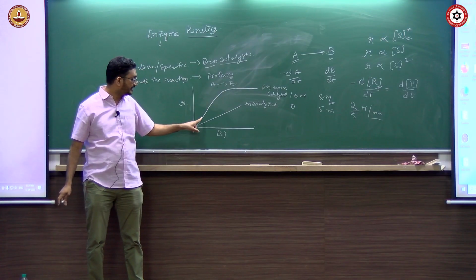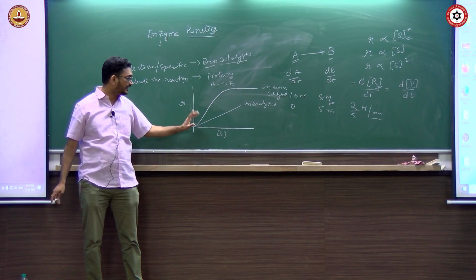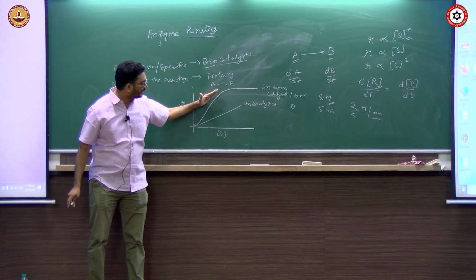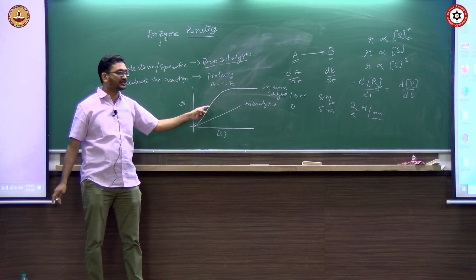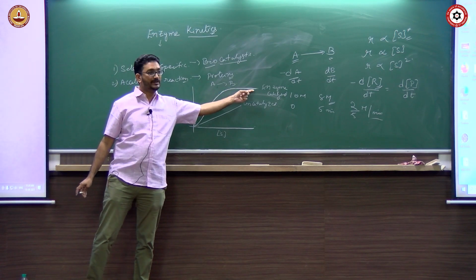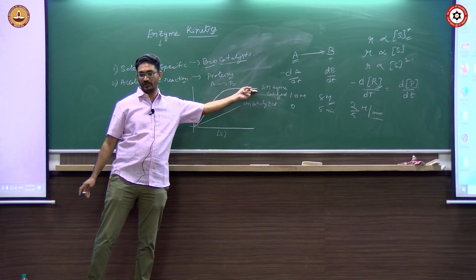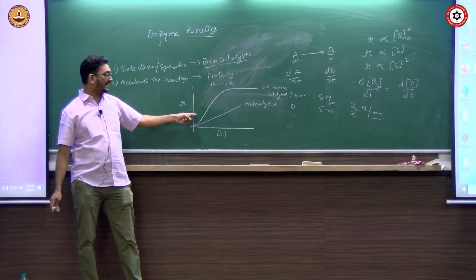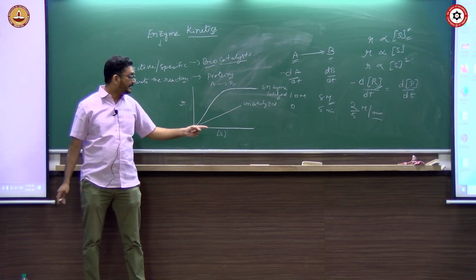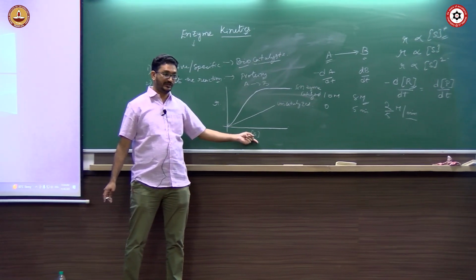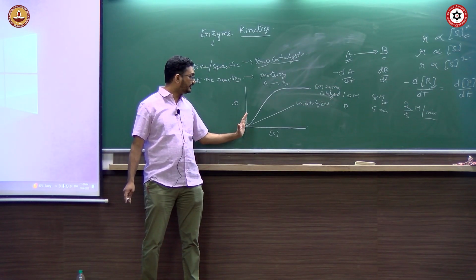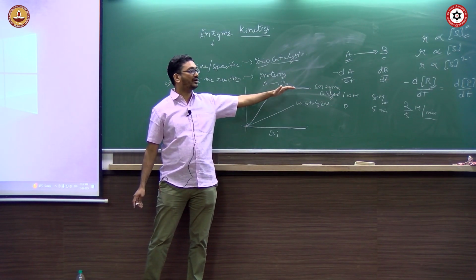That means here you see it's a first order reaction, it's linear, then it is some kind of curvy nature, it is a fractional order, and here you see it is independent of it, so it is a zero order. So that means for the same reaction A goes to B, depending on the substrate concentration, the reaction can go from a first order, a fractional order, or a zero order.